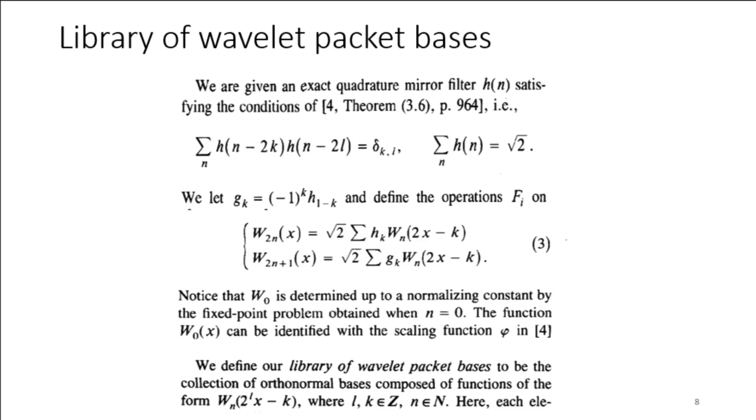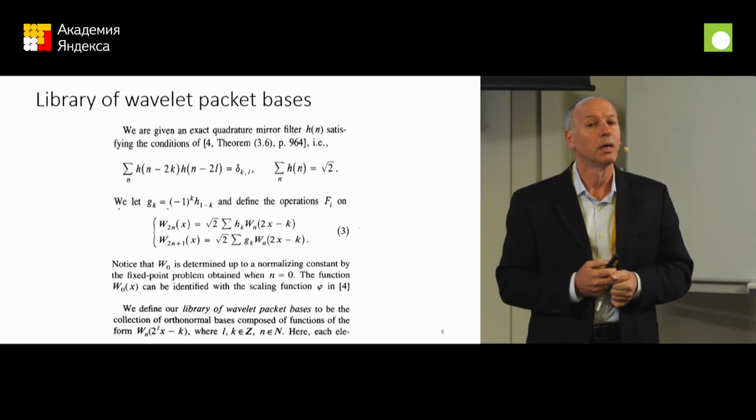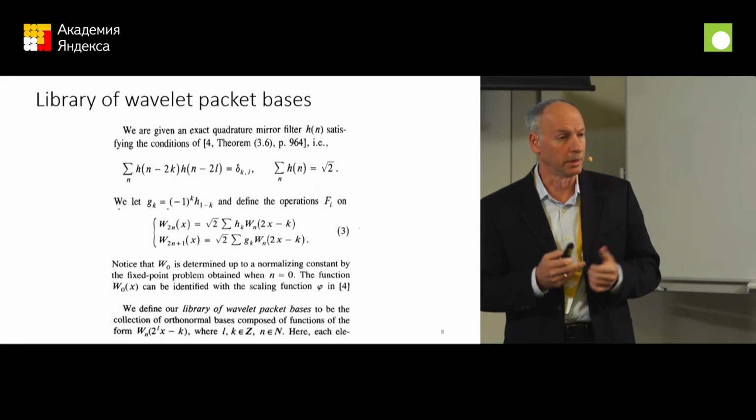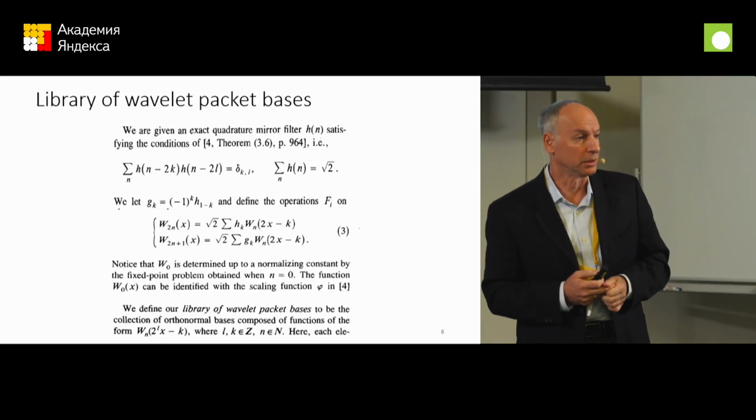So these are the two functions that are being created from this quadrature mirror filter, and this function g that we define from h, where we only have to describe W0 and W1. So W0 is the scaling, and W1 would be the mother wavelet of our wavelet representation.